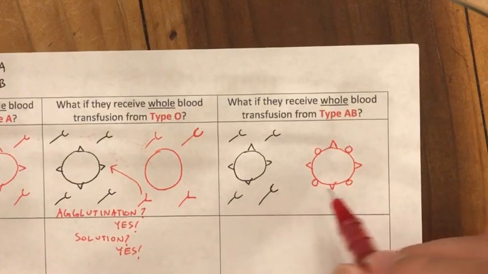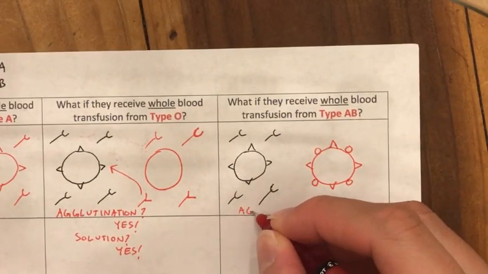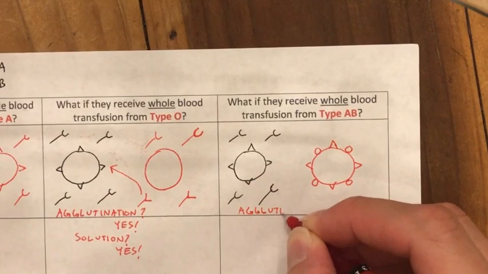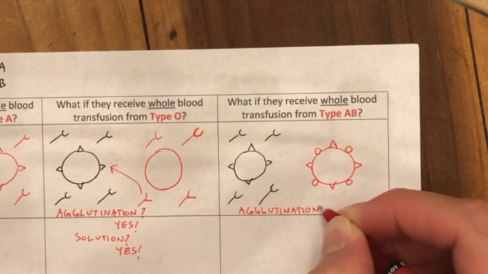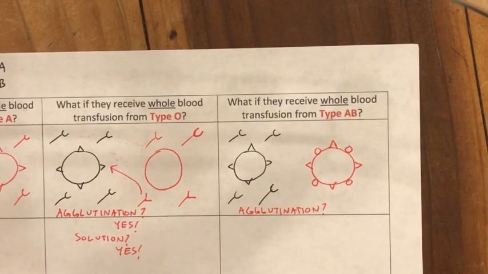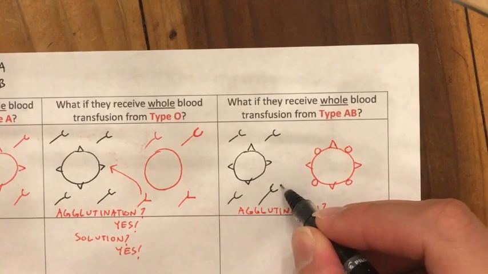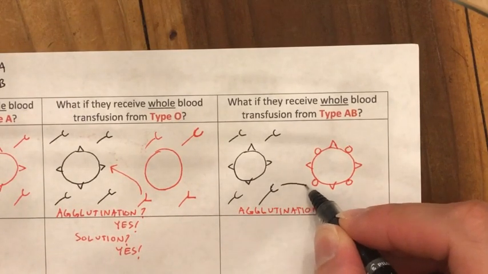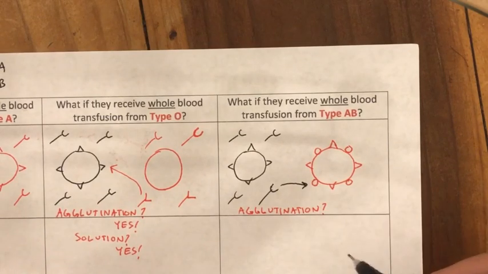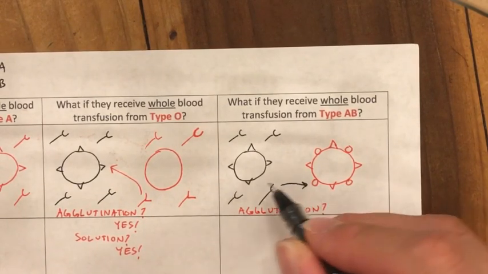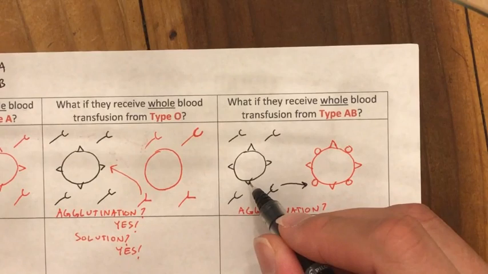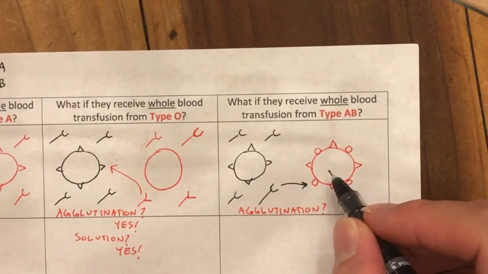So is there any agglutination that happens in this example? Is anything going to attack anything else? So hopefully you saw that, yes, this anti-B can recognize the B antigen, and so it's actually the recipient attacking the donor.